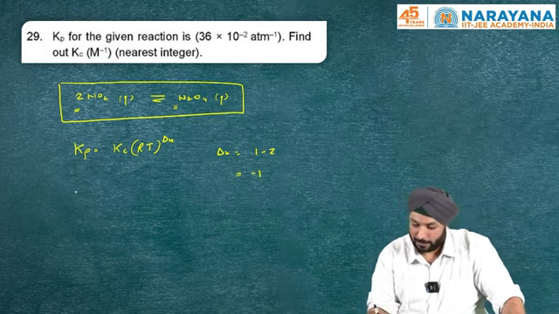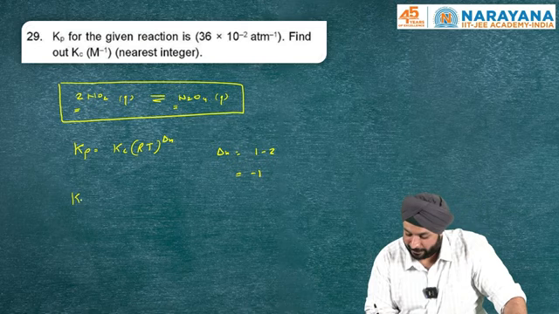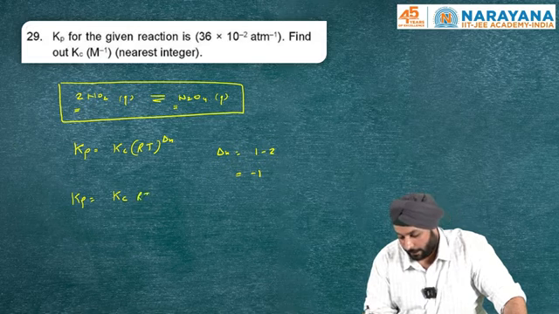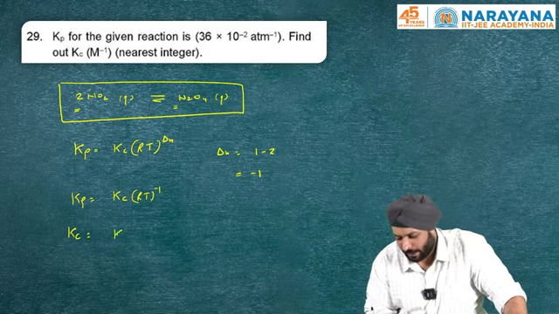So Kp is equal to Kc (RT) raised to the power minus 1. So Kc comes out to be Kp into RT.